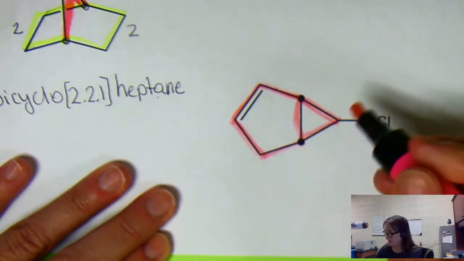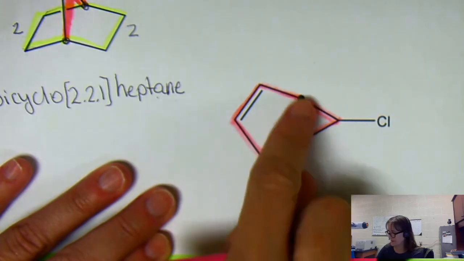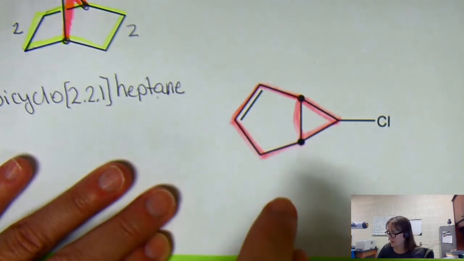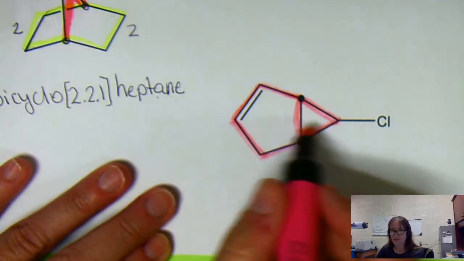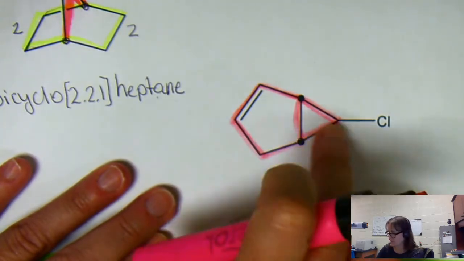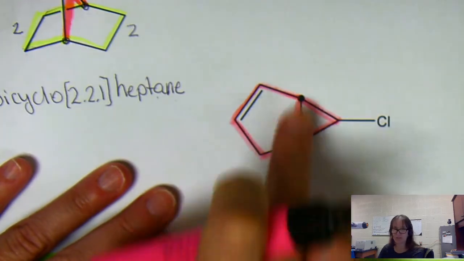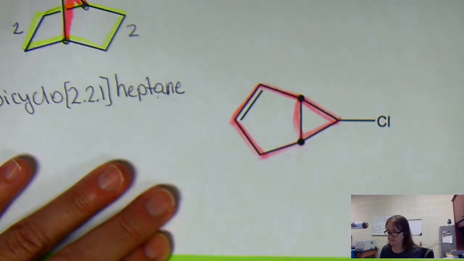But you'll notice that you've got 2 carbons that are connected to each other, and they're also connected to something else. And so we end up, this looks like a split. There is a carbon right there, and it's connected to both of these, and then they're also connected to each other. So that creates a bicyclo compound.